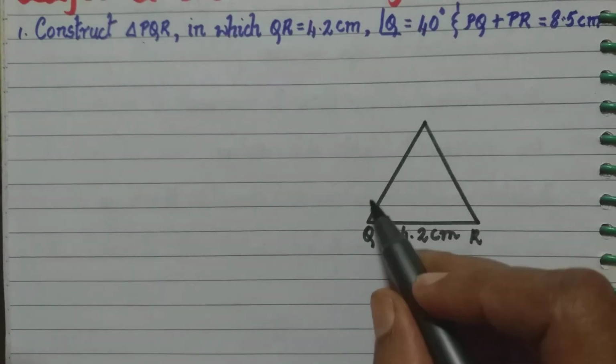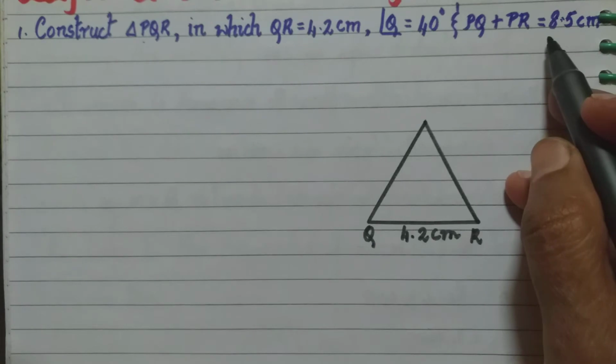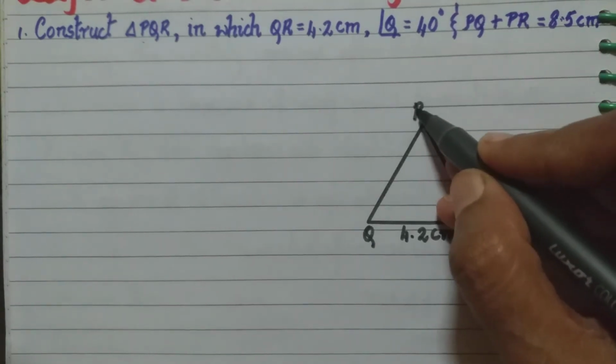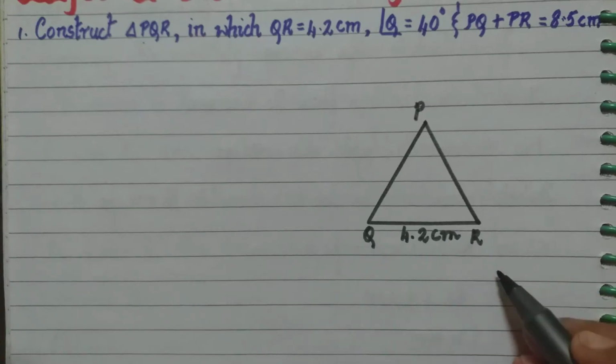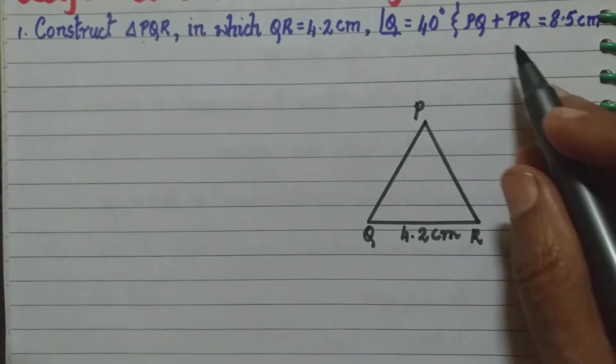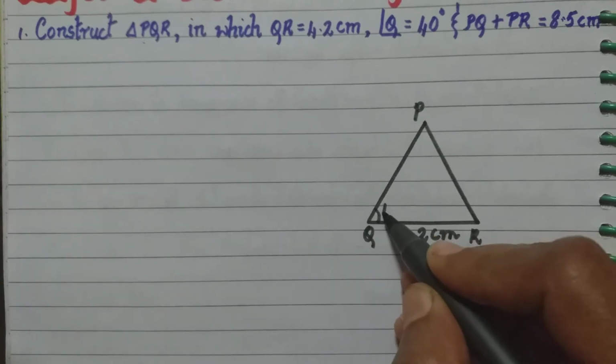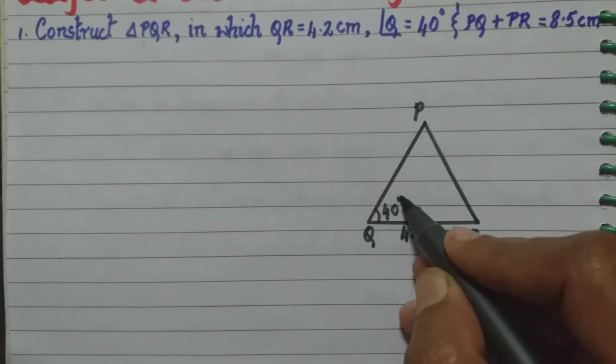Then what will be the other two sides? PQ and PR. So this will be the third vertex, that is P. Right? So PQR. Now they said angle Q is 40 degrees, so we write here angle Q is 40 degrees.